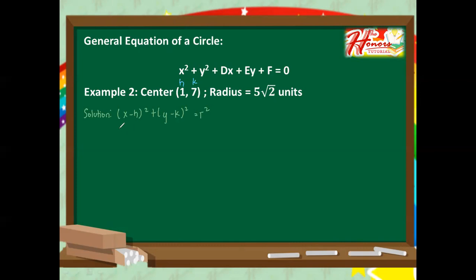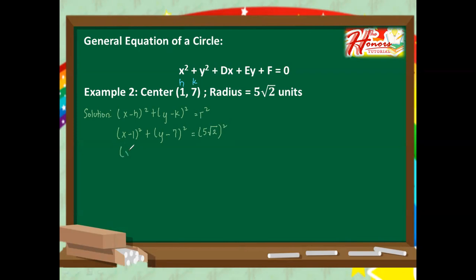So we have here the quantity of x minus h, which is 1, squared, plus the quantity of y minus k, which is 7, squared, equals the radius, which is the quantity of 5 square root of 2, raised to 2. So now let's simplify our radius.